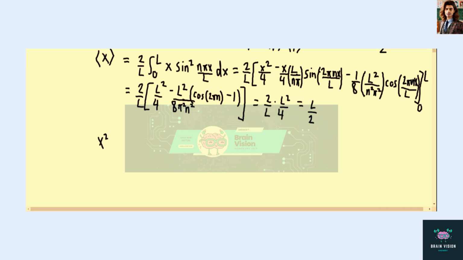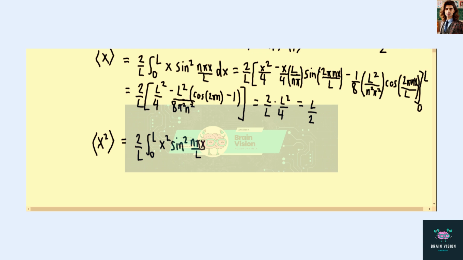And we see that for the expectation value of x, it's really just L over 2, which is what we would expect for a particle in a box of length L. So on average, a particle is halfway along. It's somewhere in that interval, on average halfway. So now we'll go on and get the expectation value for x squared.